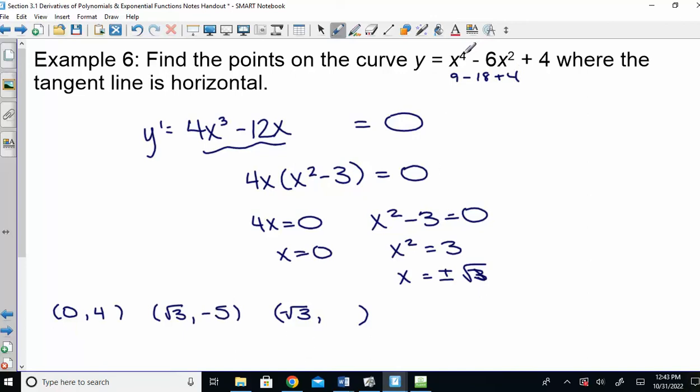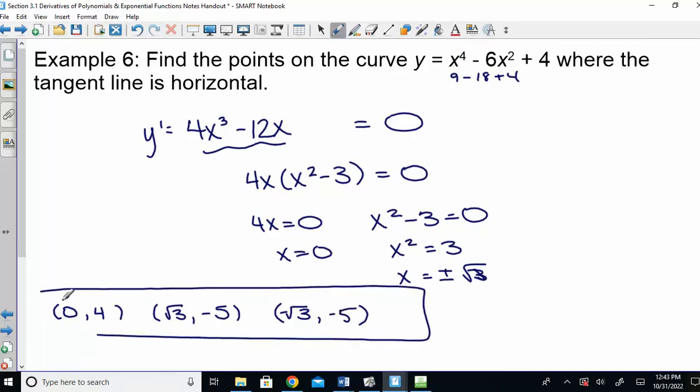If you put in a negative, when you take a negative to the 4th, it's still positive, so we're getting the same thing. So you can give me actual ordered pairs just by plugging them into the original. So ultimately, all these problems go back to finding a derivative. I'm just asking it a lot of different ways. Any questions on that one?